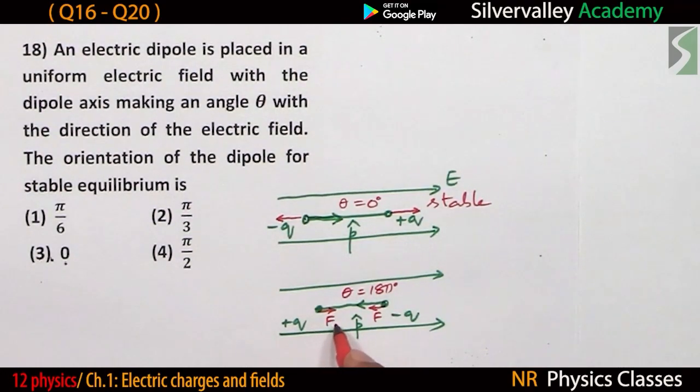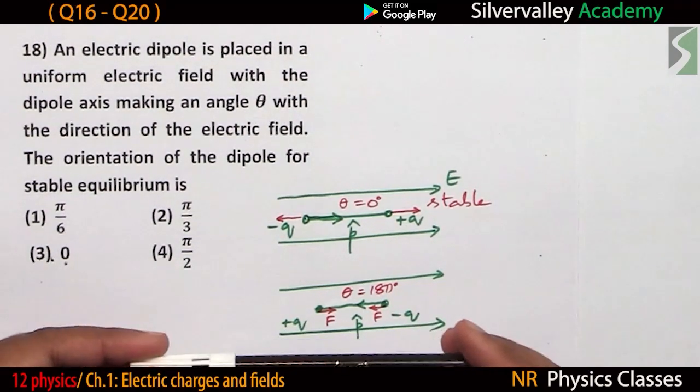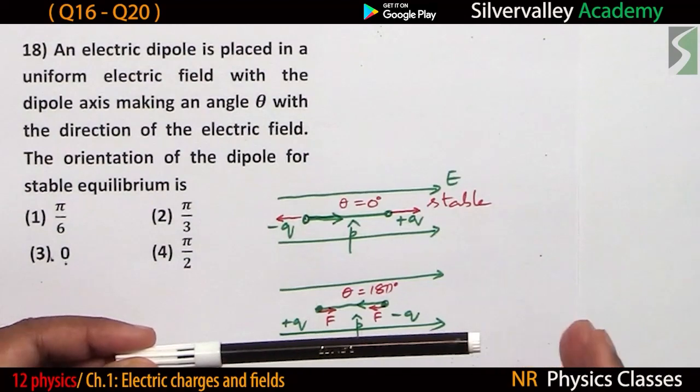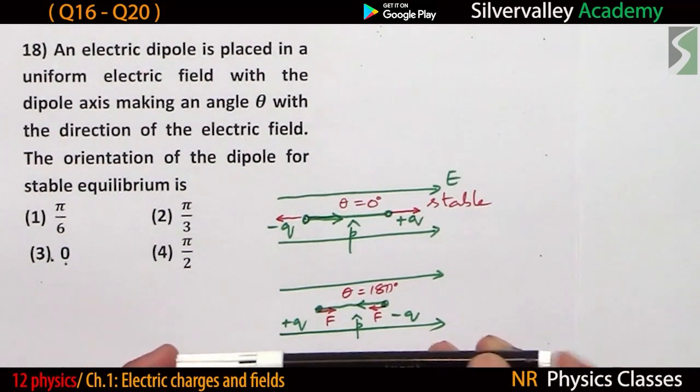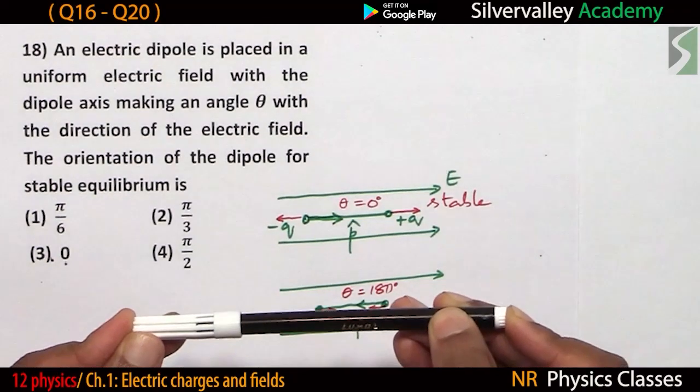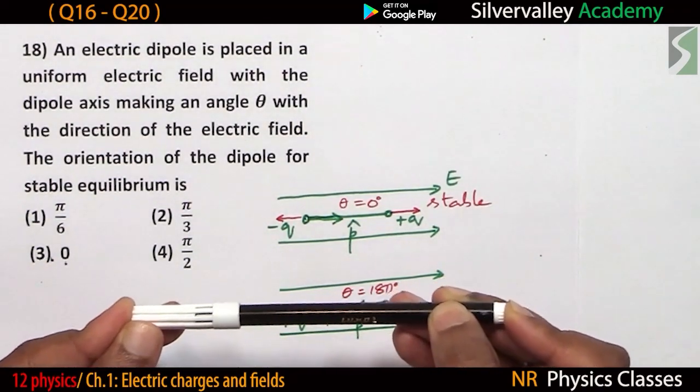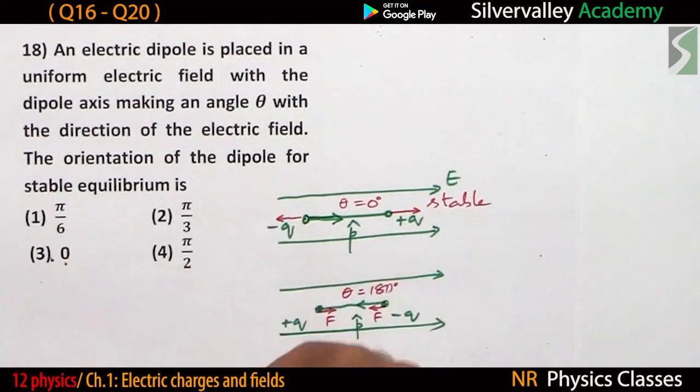This is F. On this end, force is towards left. On this end, force towards right. If the alignment changes, then the dipole will flip.